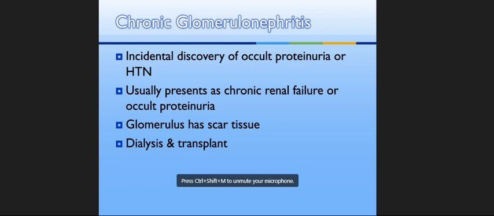Those patients or this entity usually present as chronic renal failure. Remember, yesterday we considered this entity the third cause of end-stage kidney disease. Or it is a cause of occult proteinuria, which is a pathologic condition. A glomerulus has scar tissue.